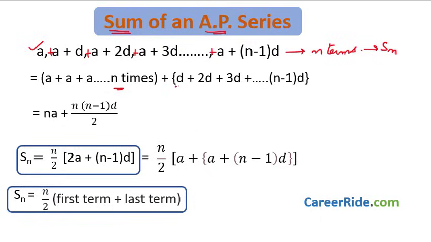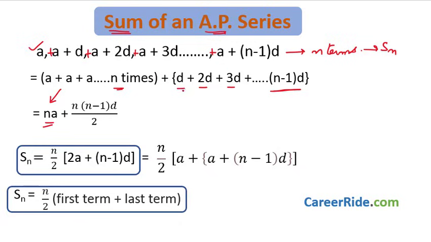So the second part has 1D, 2D, 3D, up till where? Up till the nth term. And what is the nth term? N minus 1. Here I have n minus 1 D. Now if I try to further simplify it, A n times is nA.